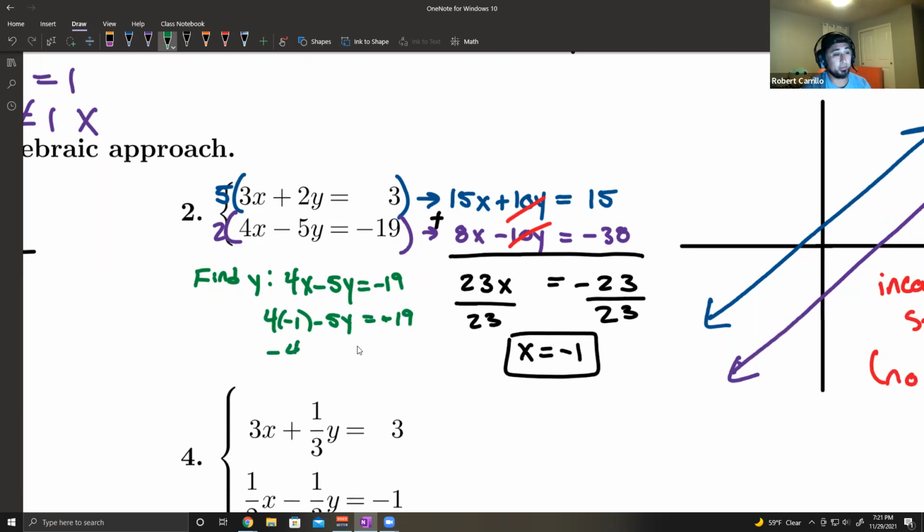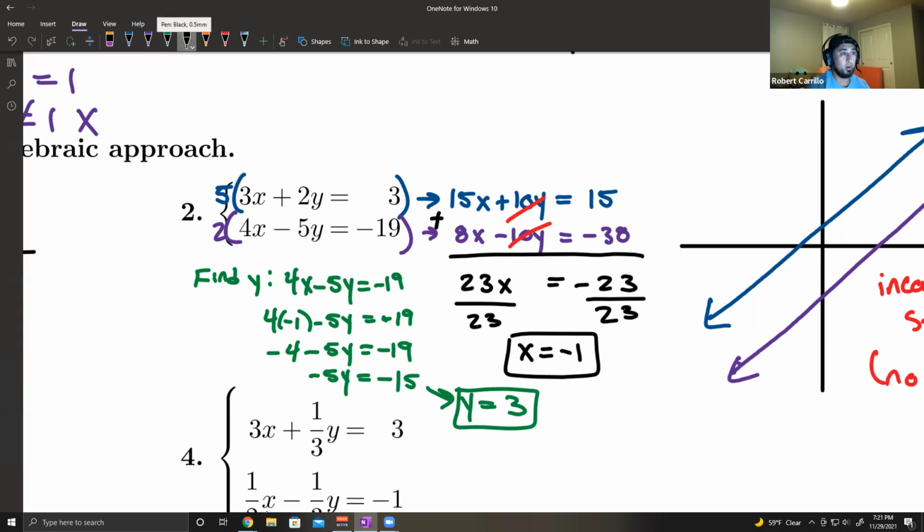That becomes negative 4 minus 5y equal to negative 19. Add that 4 over, and you get negative 5y equals negative 15. And then divide by negative 5, and y is going to be a positive 3.